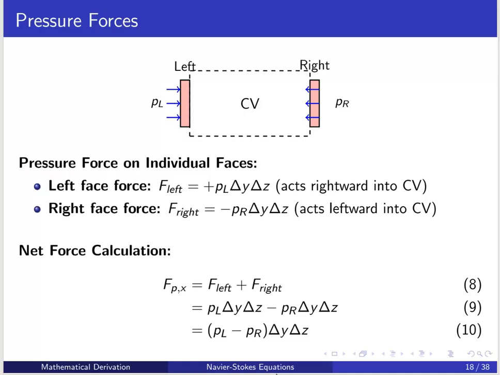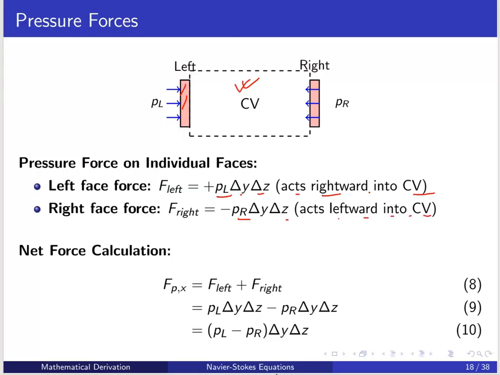Now the pressure force. Again we are taking the control volume. This is the left face and this is the right face. The left face force F_left is plus P_L Δy Δz, acting rightward into the CV, and the right face force F_right is minus P_R Δy Δz, acting leftward into the CV.